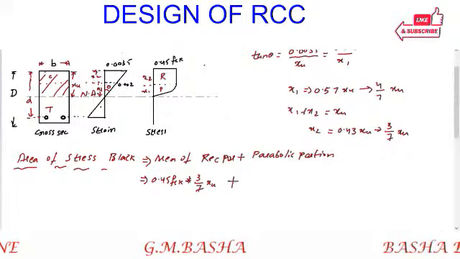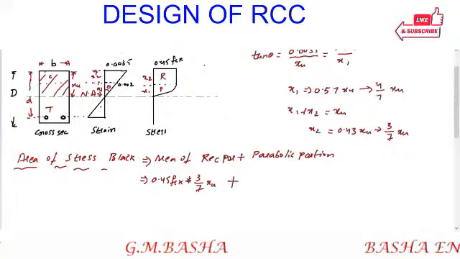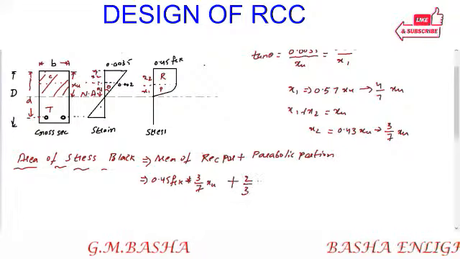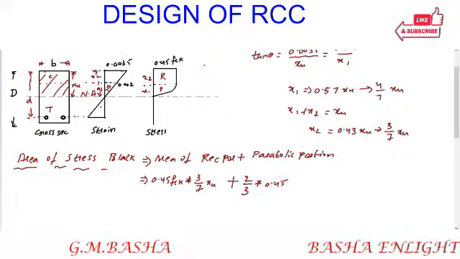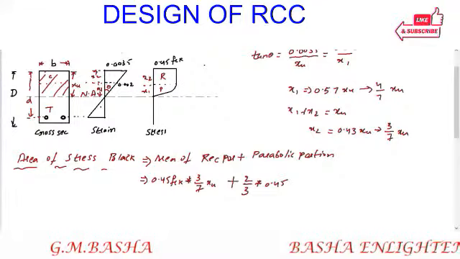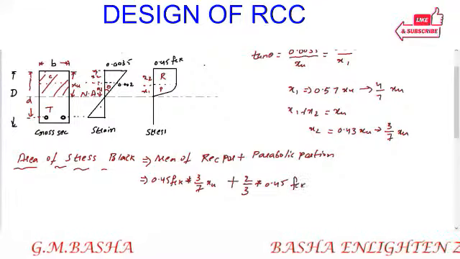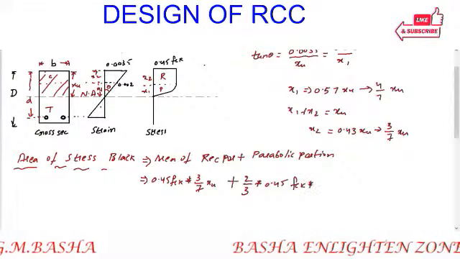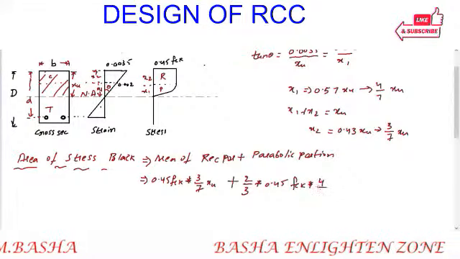For a triangle the formula is half base into height, but for a parabola it is 2 by 3 times base into height. That is 0.45 fck, common here also, into x1, which is 4 by 7 XU.